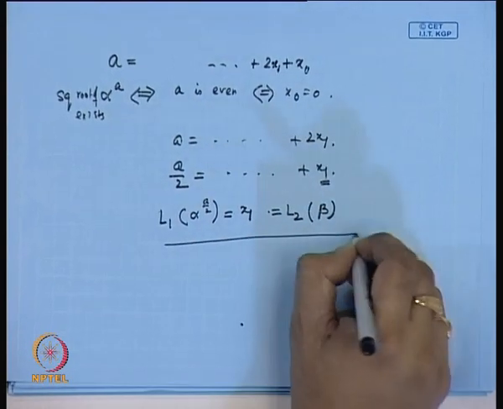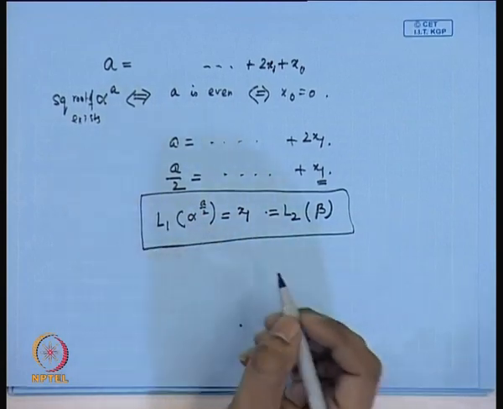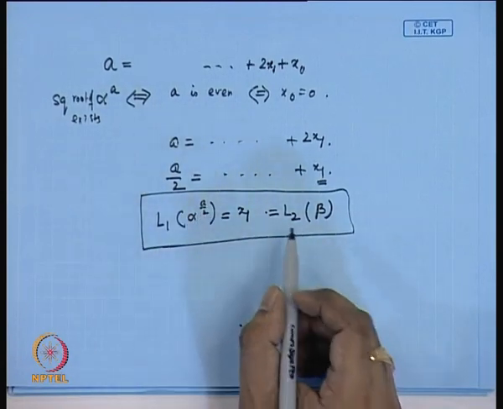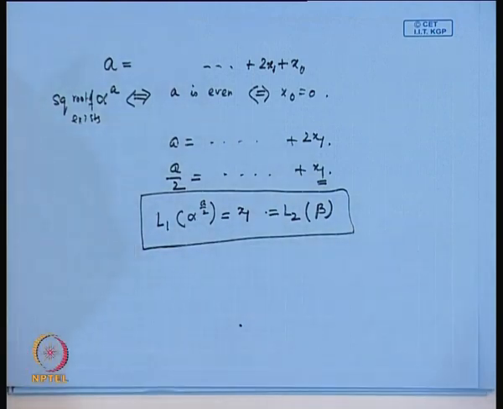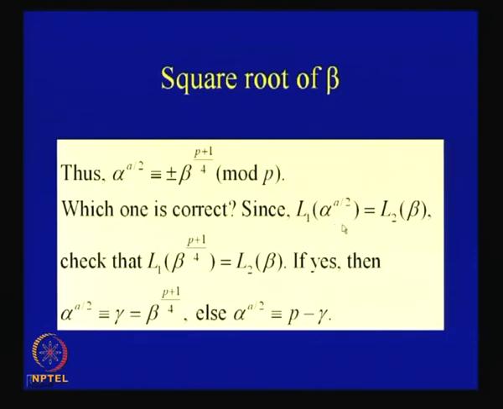So, L1 of alpha power of a by 2 is equal to L2 of beta. So, what you can do is check: I know that beta to the power of p plus 1 by 4 is a probable square root, I compute L1 of that and check whether it is equal to L2 beta, if I can compute L2 beta, of course.